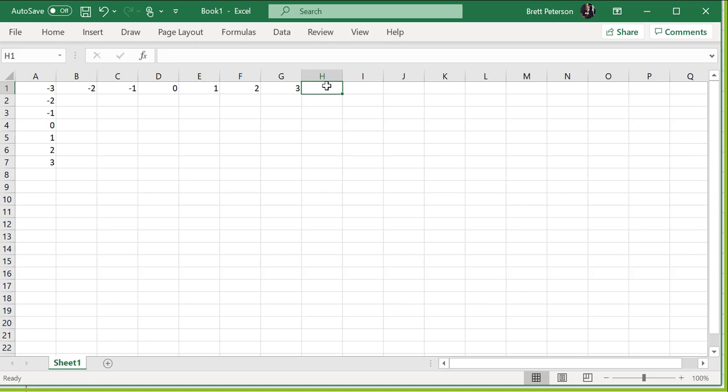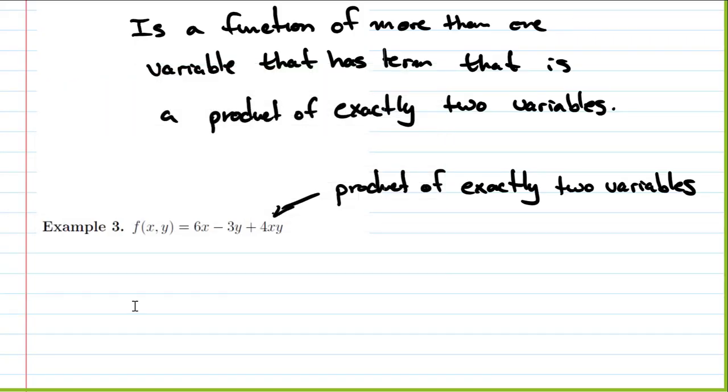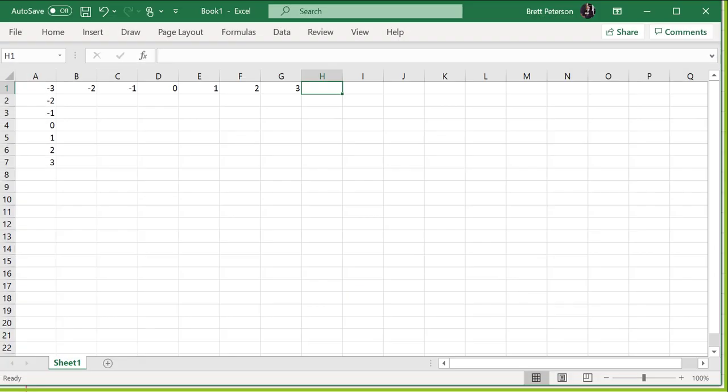Okay, so this is going to allow us to do some calculations. So let's take a look at the rule that we're using. We have 6x minus 3y plus 4xy. I can type that in by making my horizontal row my x's and my columns y's.